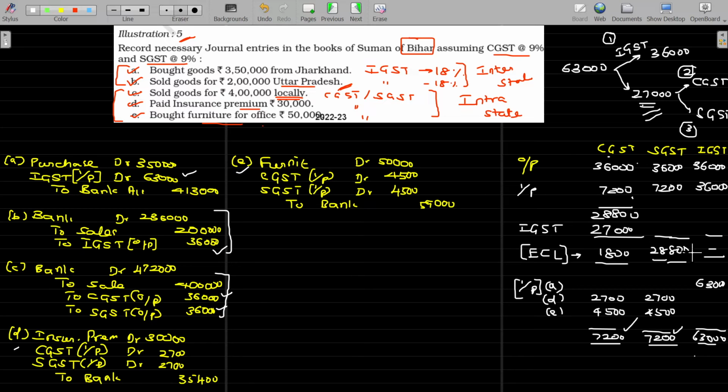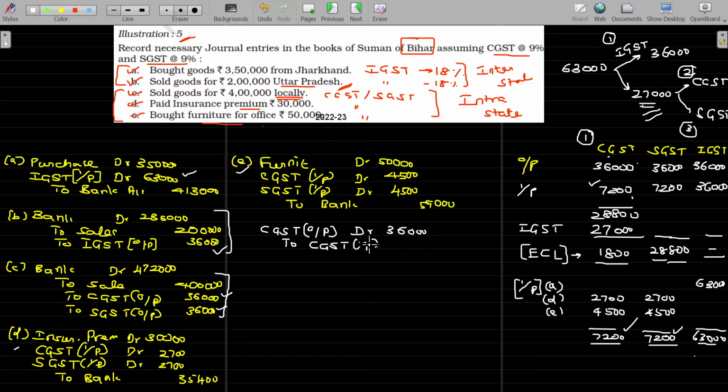Let's first pass the entry for the CGST case. How much CGST do I have to pay? 36,000. So CGST output tax payable, 36,000 I have to pay. How did I make the payment? 7,200 out of the CGST input.